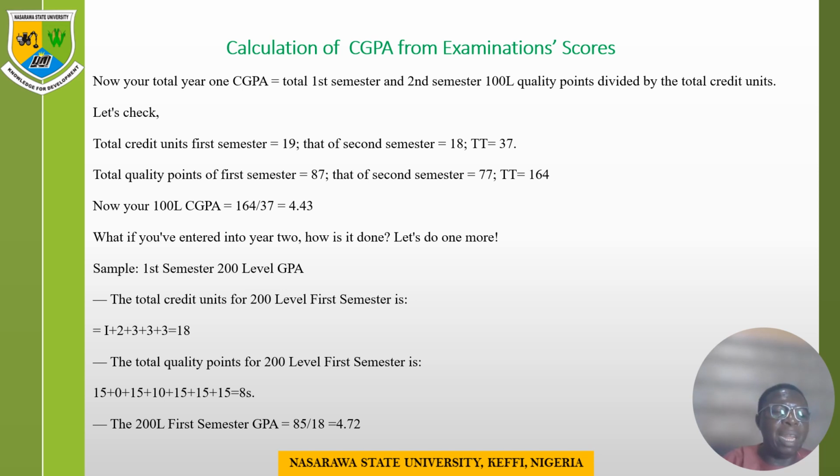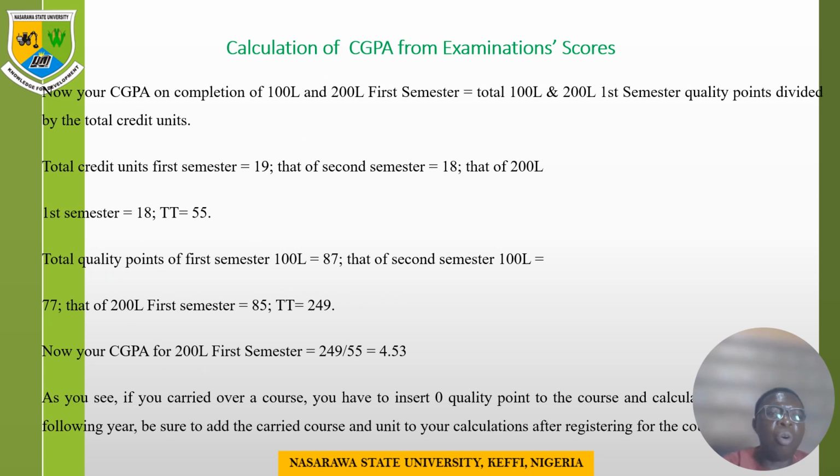The total quality point for 200 level first semester is 15 plus 0 plus 15 plus 10 plus 15 plus 15 plus 15, which equals 85. So the 200 level first semester GPA is 85 divided by 18, which equals 4.72.